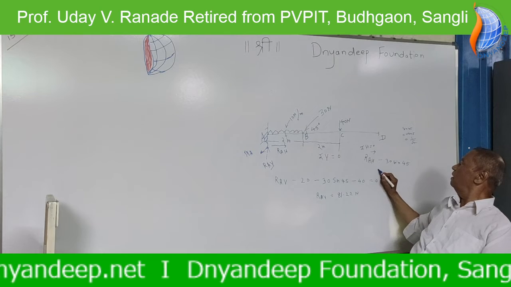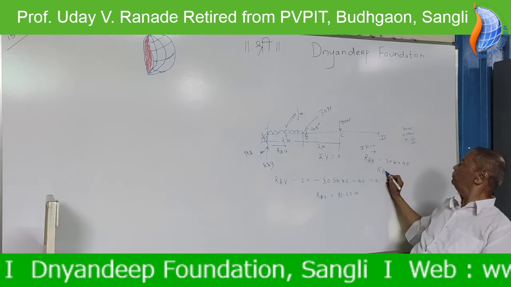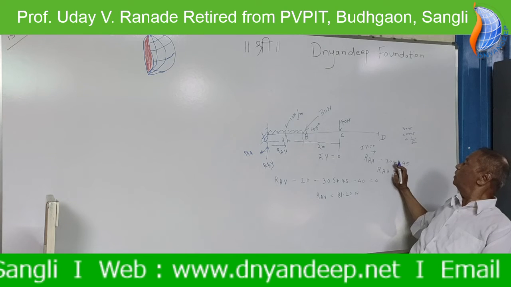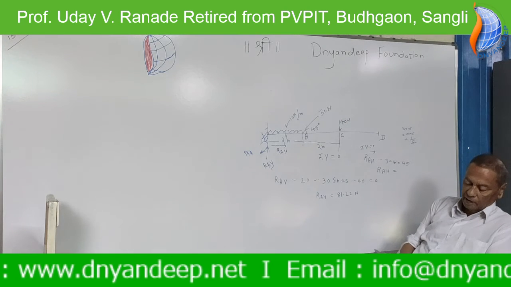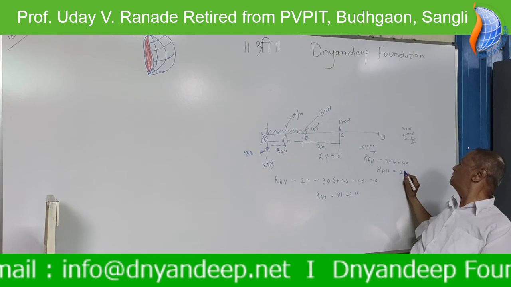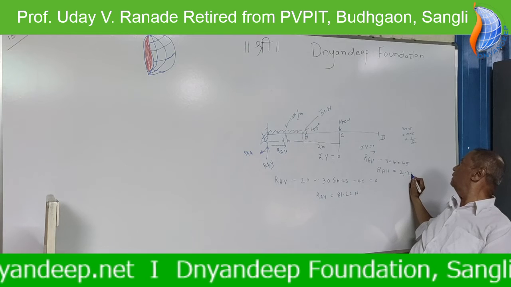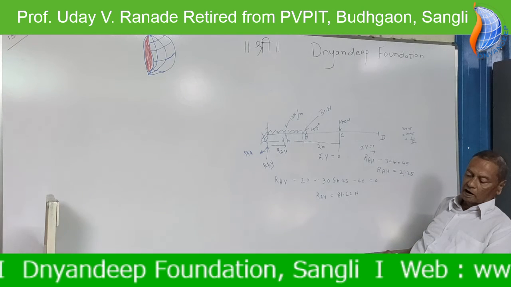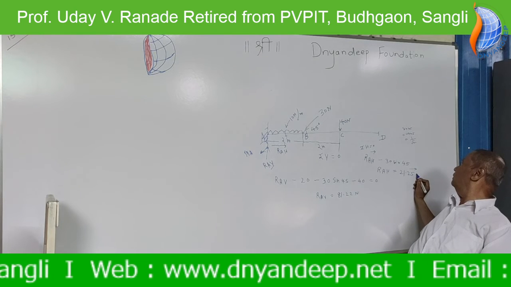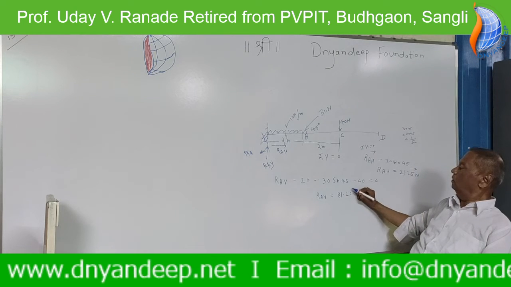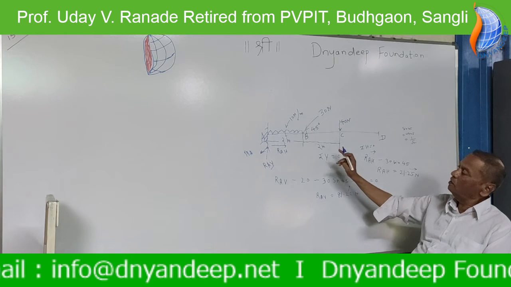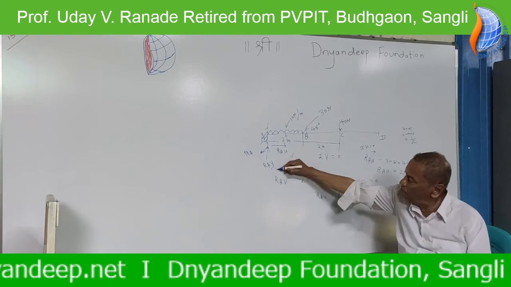So after solving, RAH comes 30 upon root 2, which is 21.20. I have solved this and made the calculation, because yesterday I had not given figures, so today I am giving figures. This was the approach. So RAH is found, RAV is found.